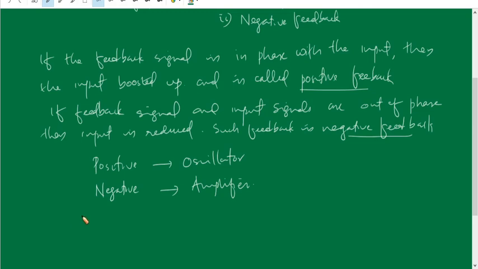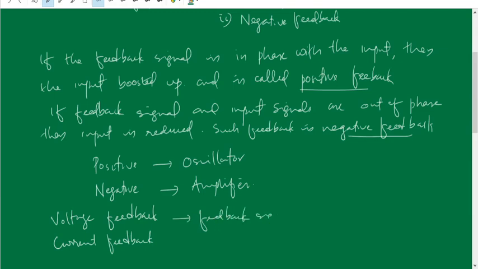Another classification of feedback is voltage feedback, then current feedback. In voltage feedback, the feedback signal is proportional to the output voltage.